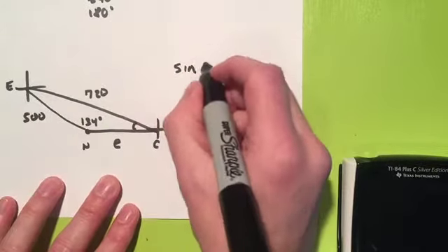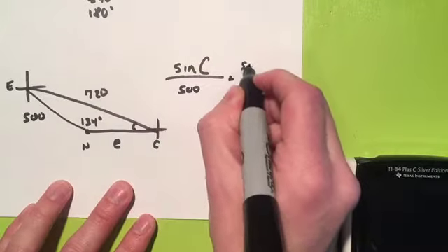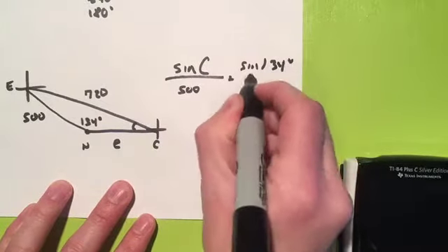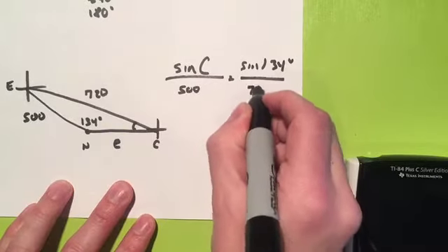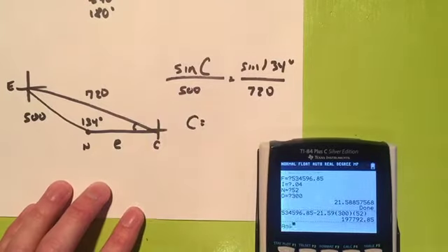We've got sine of C. C gives us an angle.